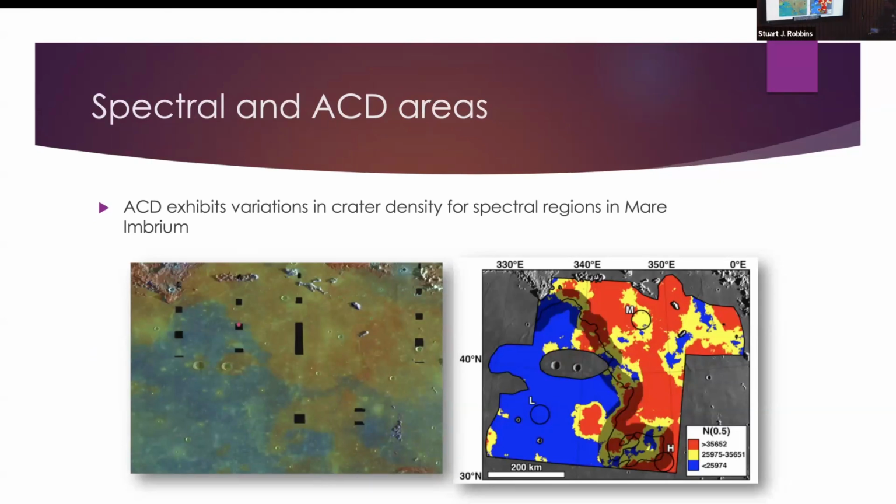And sure enough, their map is on the right, contrasting the blue and the red, as they used N of 0.5 and found quite a different crater density for those. So they used pretty large bins to get that result.